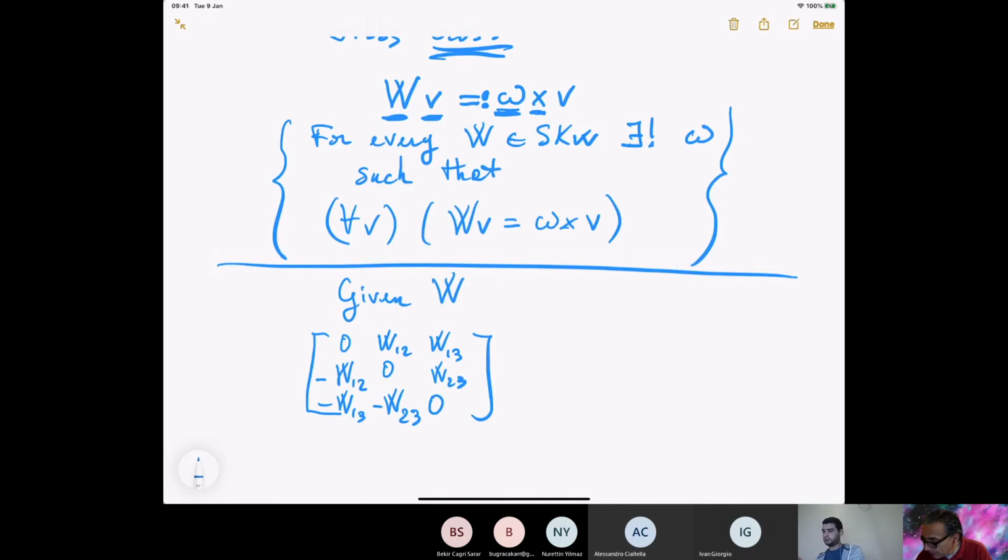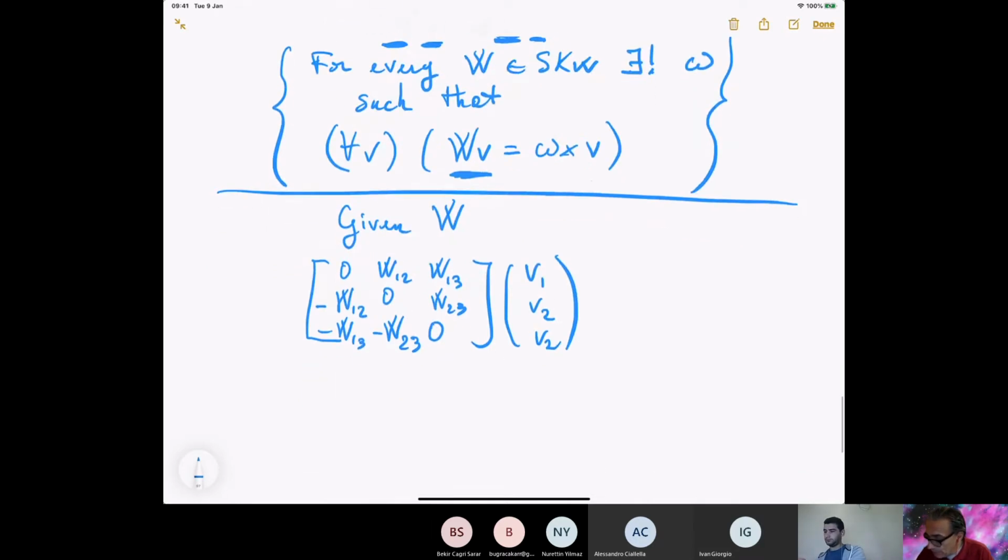And you calculate this first product, then you write omega vector V, and you apply the standard rule for calculating this vector.